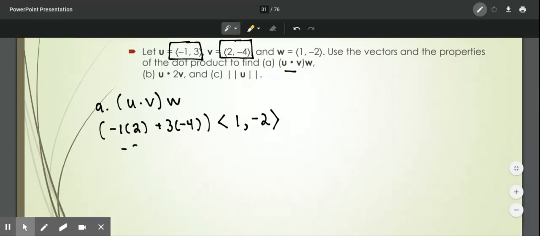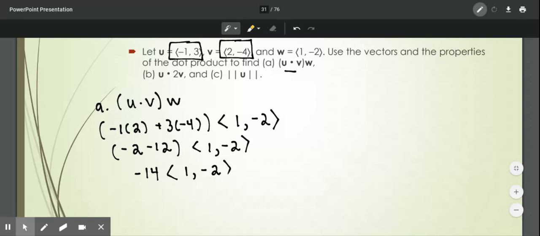So we get negative 2 minus 12, and then we'll have the vector 1, negative 2 for those components. So negative 14, so you get that scalar times 1, negative 2 for those vector components. And so when you distribute that negative 14, you get the new components of negative 14, 28.